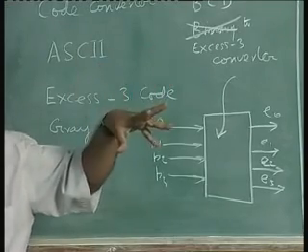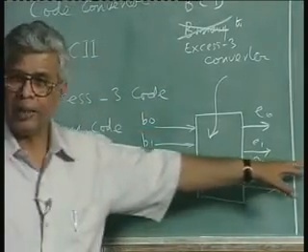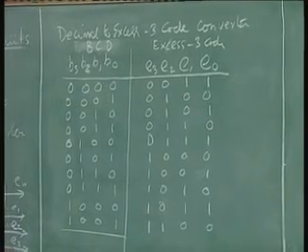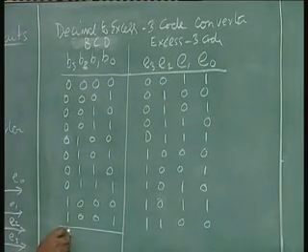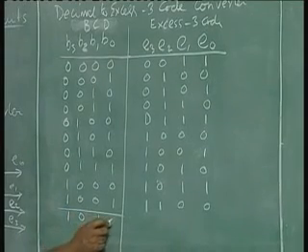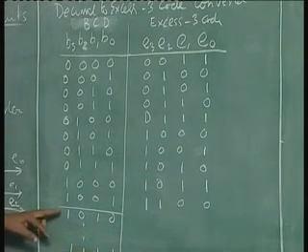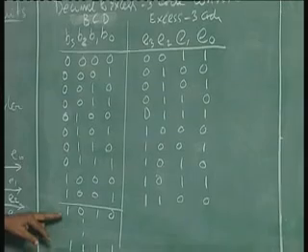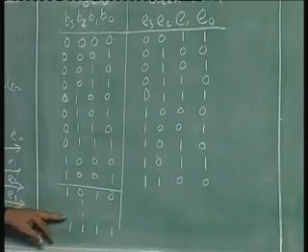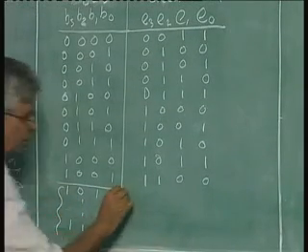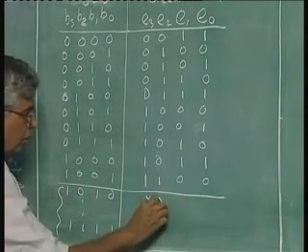I can conveniently use the unused ones as don't care conditions. Do you remember the don't care I talked about? The last 6 entries, corresponding to 10, 11, 12, 13, 14, 15, will have outputs that are don't cares.